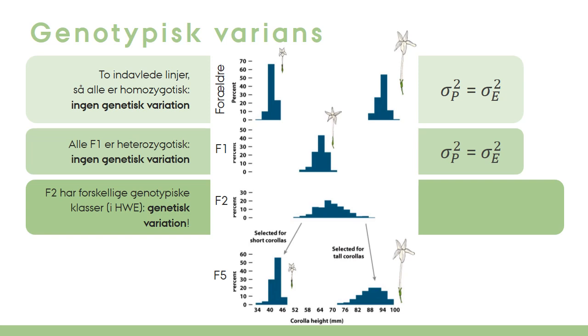However, when we cross that F1, we will get the F2, and the F2 will actually have a whole bunch of different genotypes. And in this case, we have different genotypes in Hardy-Weinberg equilibrium, which means there is genetic variation. This means that our phenotypic variation is not just environmental variation, but also genetic variation.